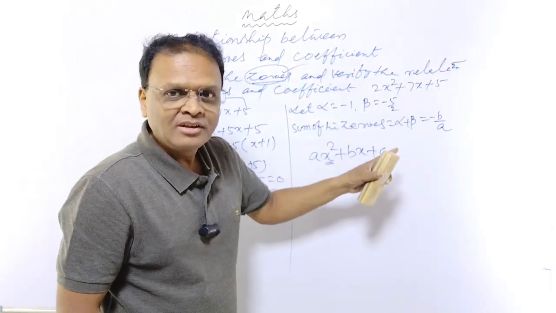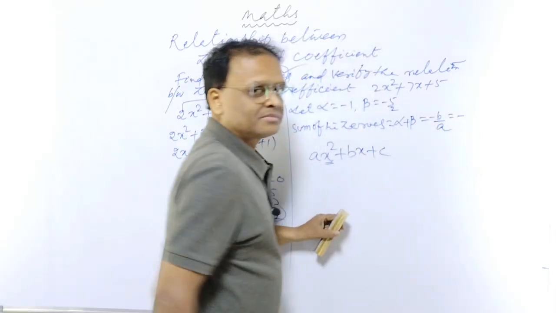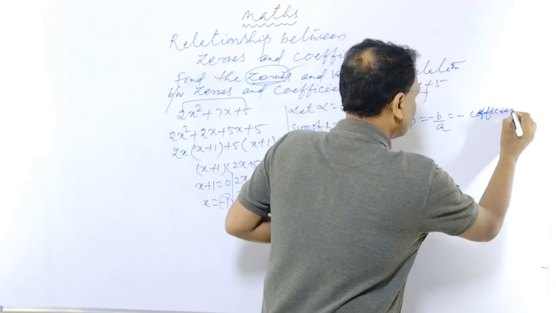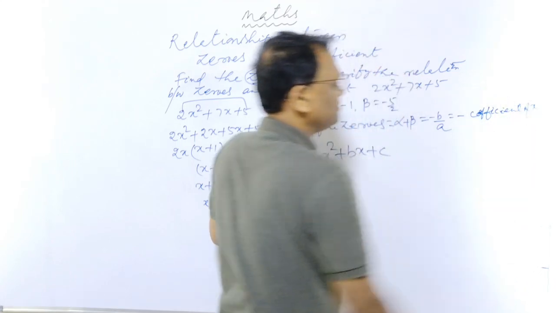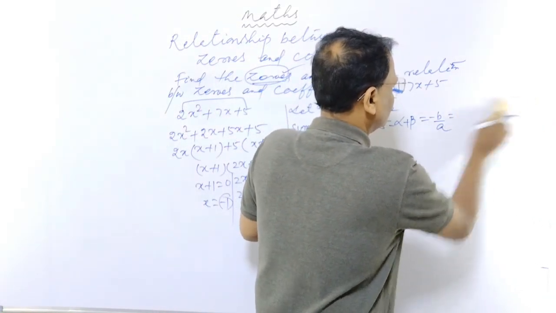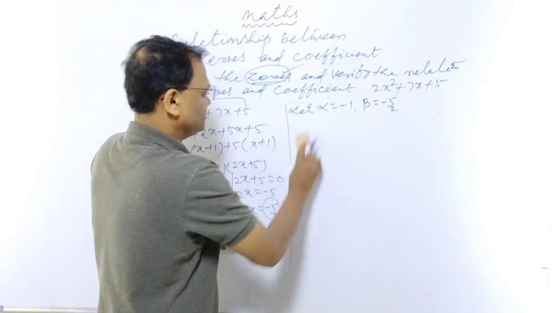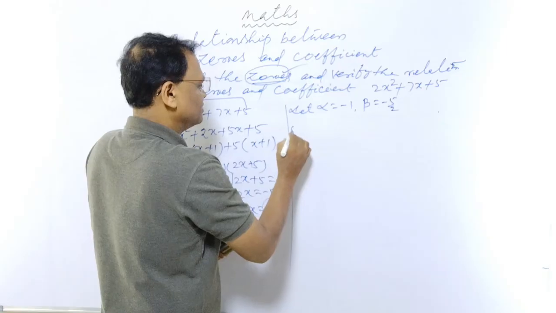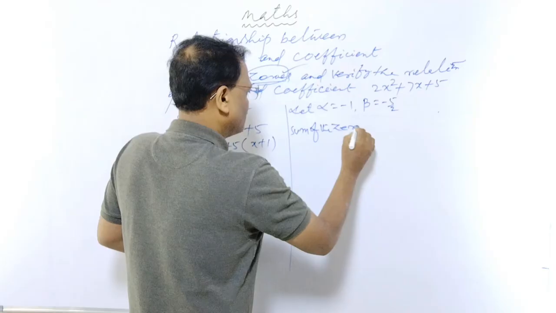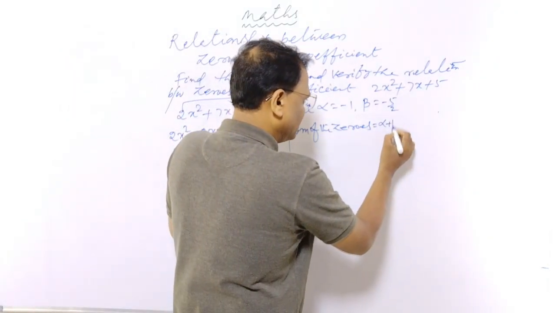Okay, what is this b? Coefficient of x. So if you want, you can write it like this also: minus coefficient of x. Let me write here, because here I am not getting space. So sum of the zeros can be written as alpha plus beta.